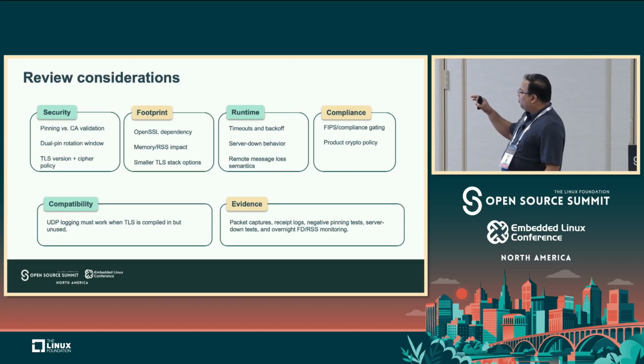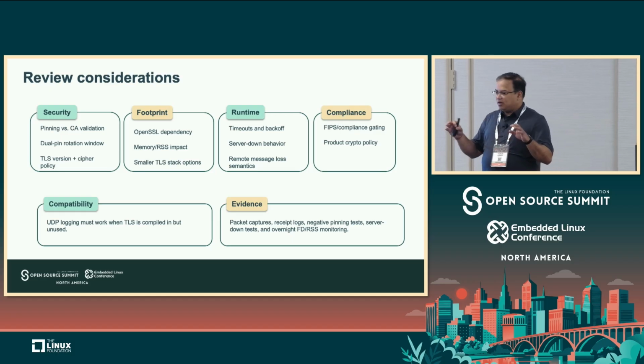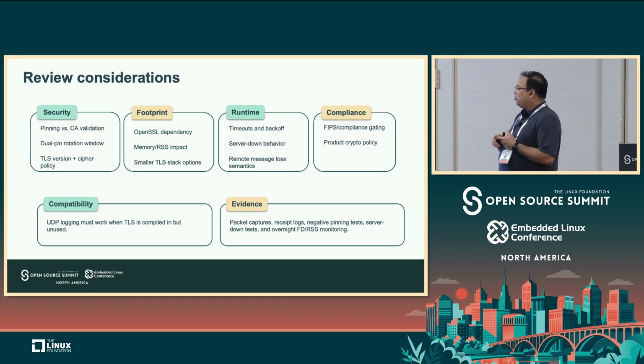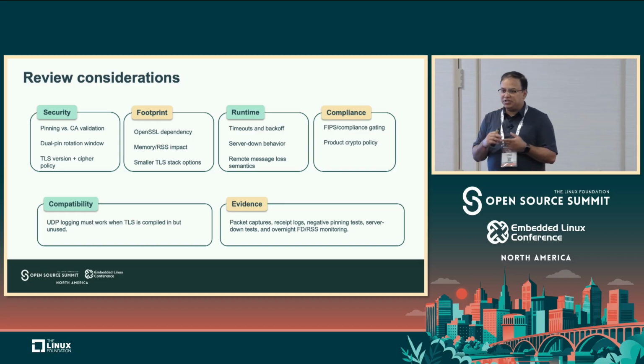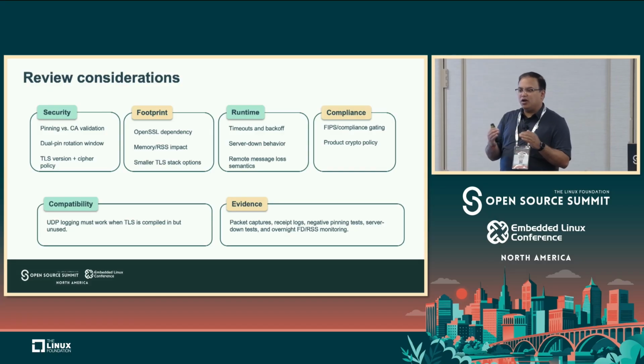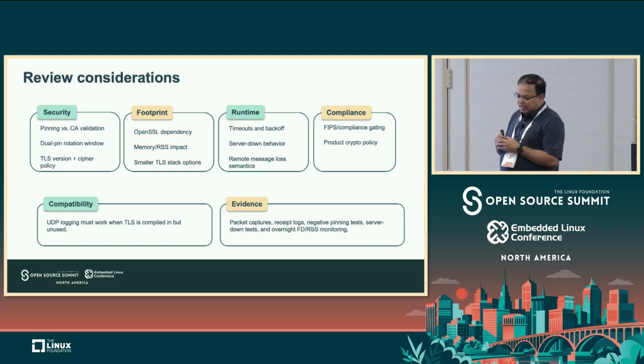So these are the few review considerations which we looked at after we implemented this entire feature. From the security point of view, we ensured that pinning and CA validation have been thought of completely. What we can do in pinning, what we can't do in certificate validation, that has been completely thought of.